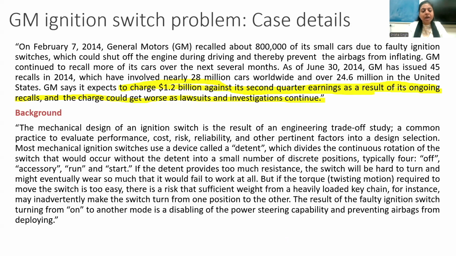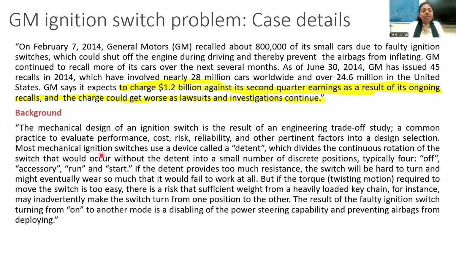So the case background, the reason, I have already explained. Let us quickly see. The mechanical design of an ignition switch is a result of an engineering trade-off study, a common practice to evaluate performance, cost, risk, reliability, and other pertinent factors in a design selection.